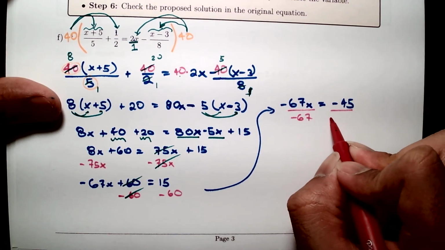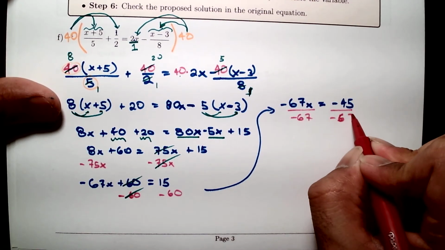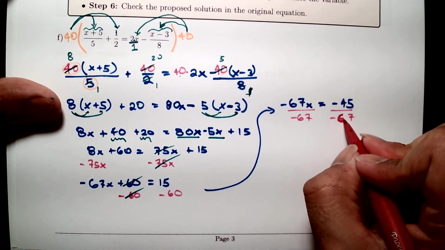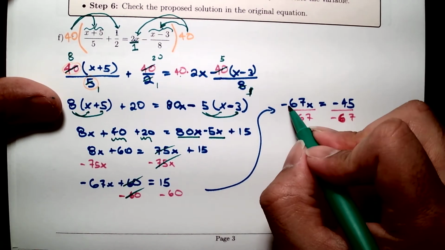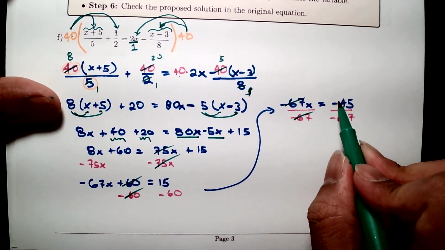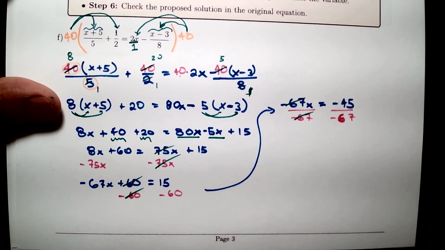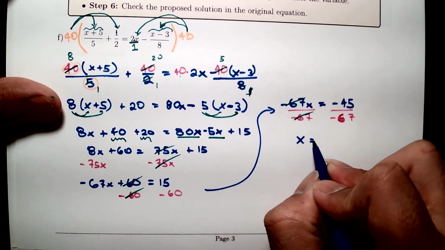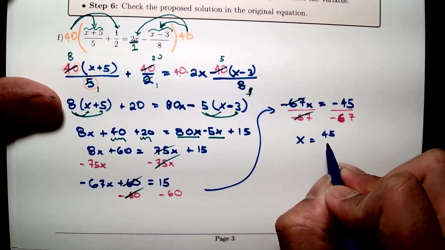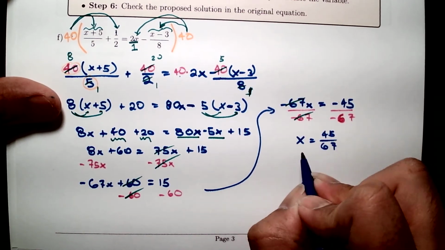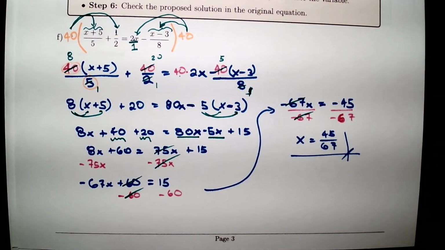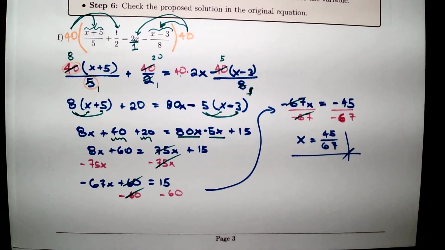But look what's going to happen here. These guys cancel, and negative over negative turns into a positive quantity, 45 over 67. And as far as I know, there are no common divisors between these two numbers, 45 and 67. So we're done with this example here.